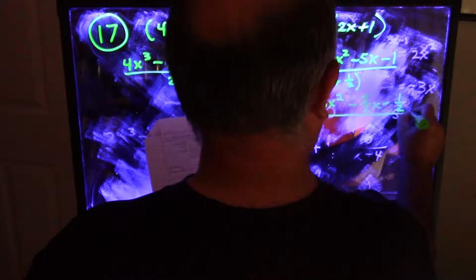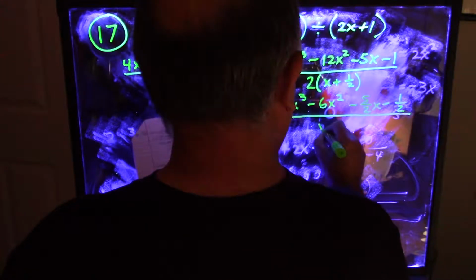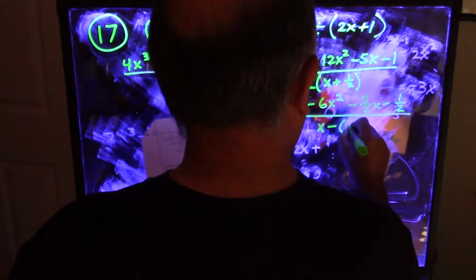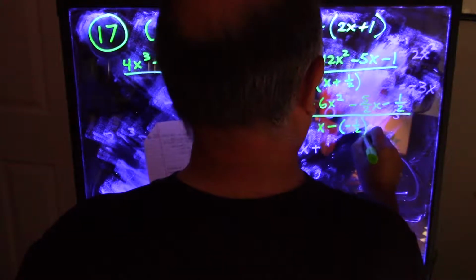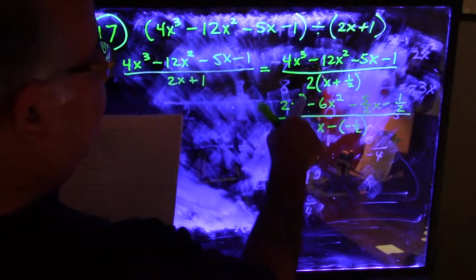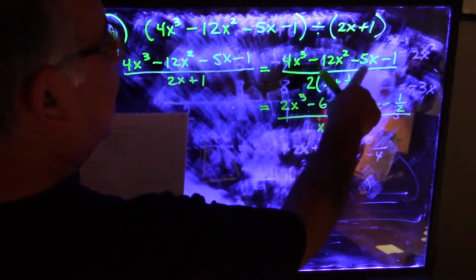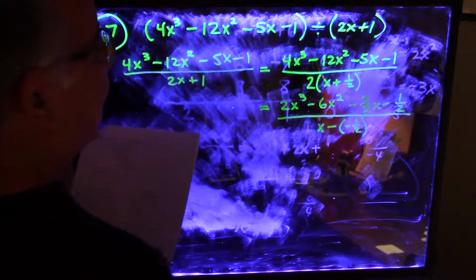And then on the bottom I'm going to write that as x minus k, or x minus negative 1/2. So basically you're canceling the 2 with each of these coefficients here.